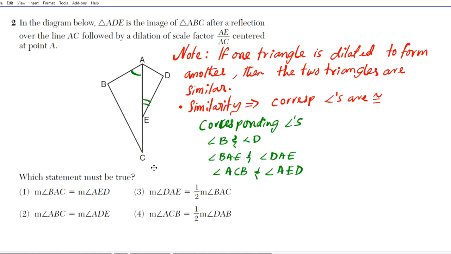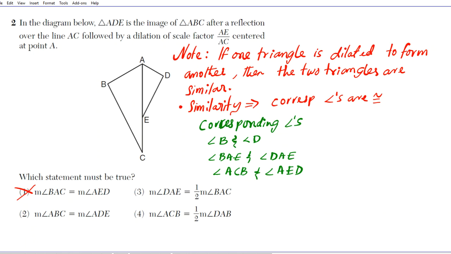The answer is no. For BAE, the corresponding angle is DAE. So these are the corresponding angles that are congruent. So what does that tell us? It tells us that statement number 1 is false.